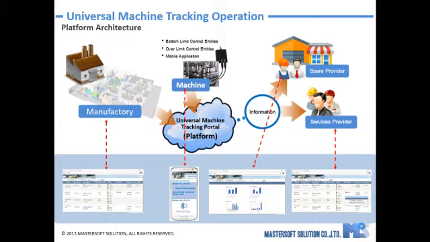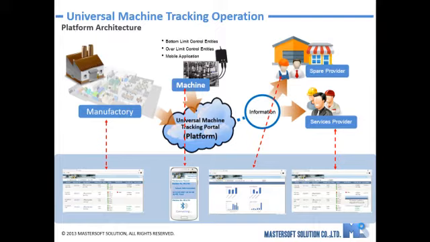So we just have the application on the mobile phone, and then spread checking to all machines in a manufacturing plant, and communicate by Bluetooth. After getting all the information from the machine, it will submit all that information to the web portal, which I call the platform.